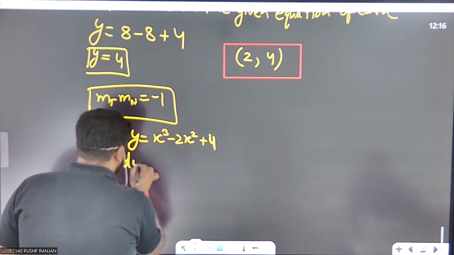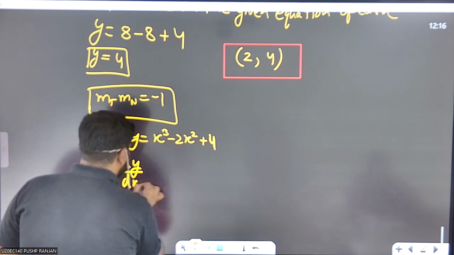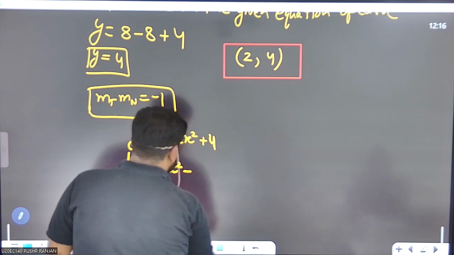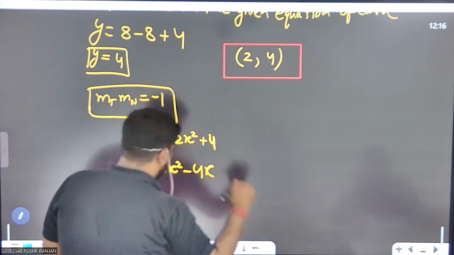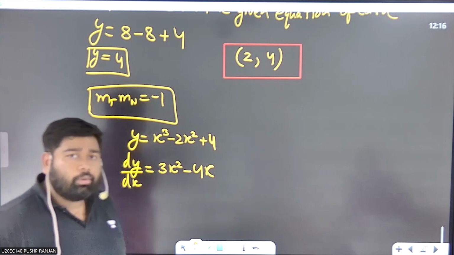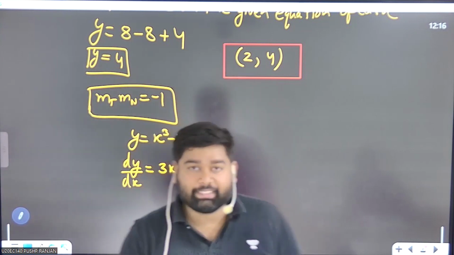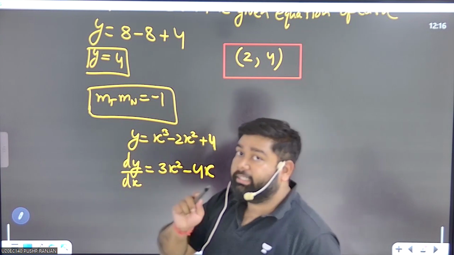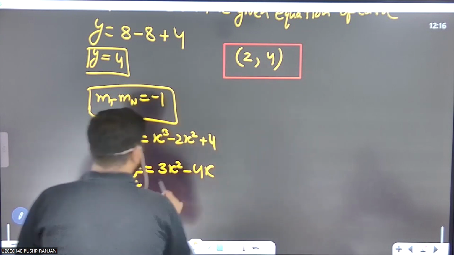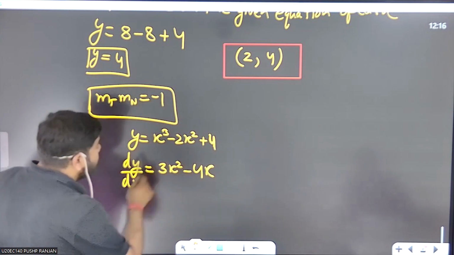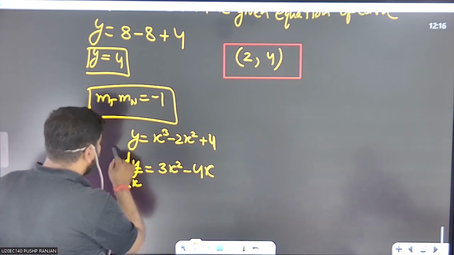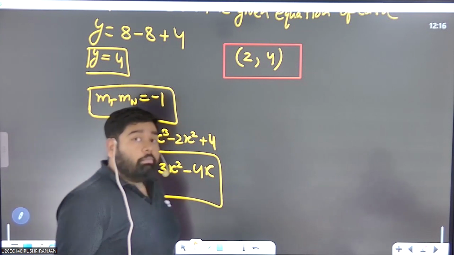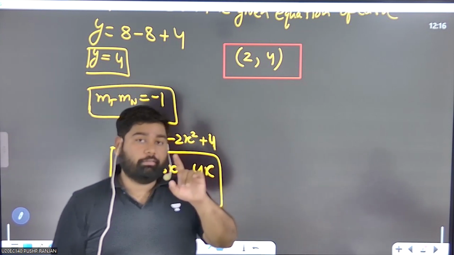Then dy by dx will be 3x square minus 4x. We have already discussed how to find the differentiation, and I have already taught you how to find dy by dx. This is the slope of tangent.